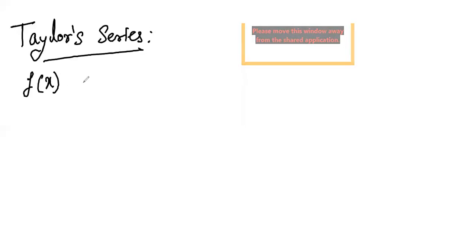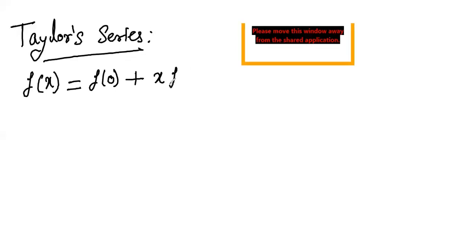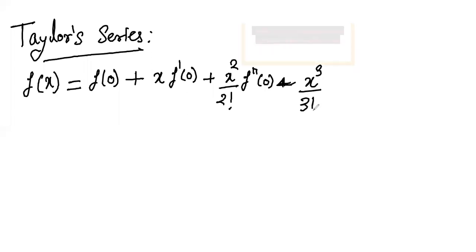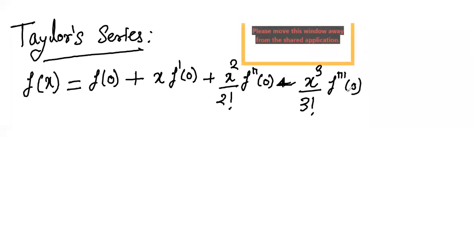In Maclaurin series, we have seen f of x is equal to f of 0 plus x into f dash 0 plus x square upon 2 factorial f double dash 0 plus x cube upon 3 factorial f triple dash 0. This was the Maclaurin series.